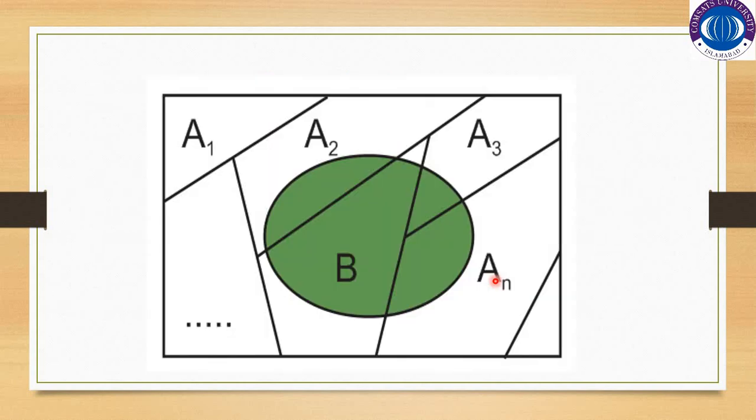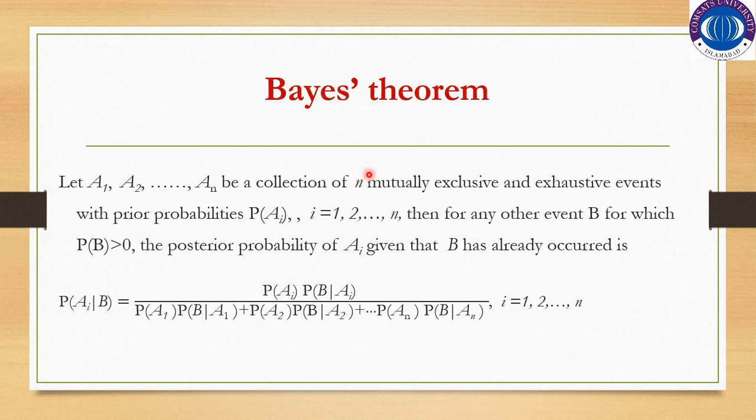These are mutually exclusive and exhaustive events, and we know the occurrence probability of each event, which is called prior probability, where I is equal to 1 to n. That is, whenever we substitute I is equal to 1, it means probability of A1. And if we substitute I is equal to 2, it would be probability of A2.